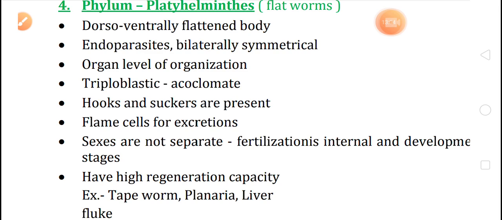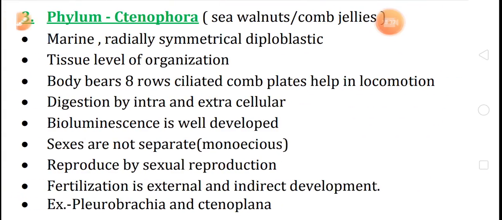We have seen regeneration in planaria: if a part is cut, that part will regenerate. So they have high regeneration capacity. Examples of Platyhelminthes are tapeworm, planaria, and liver fluke. Clear about this?